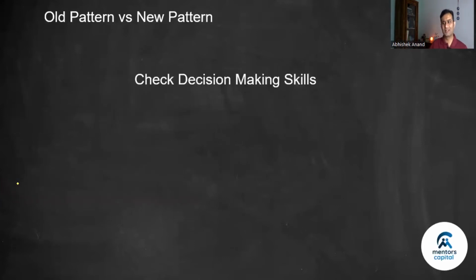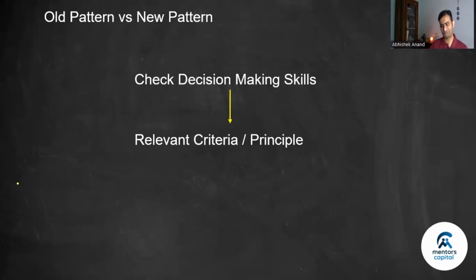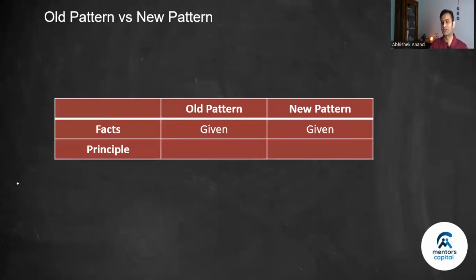Now, whether it is old pattern or new pattern, fundamentally, the skill being checked is your decision-making skill. That is, how do you come to a decision? You have to identify the relevant criteria, the principle, and then you should know how to apply it. So, comparing old pattern and new pattern, facts in both cases are given.